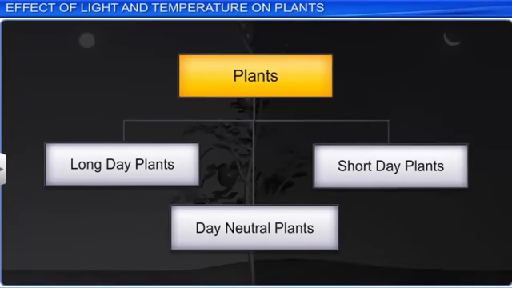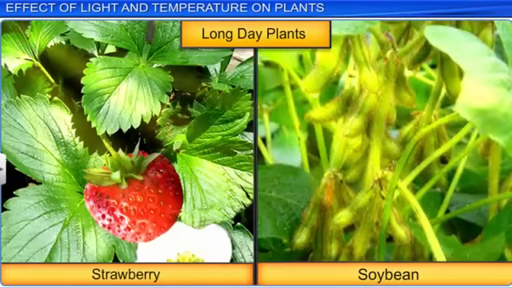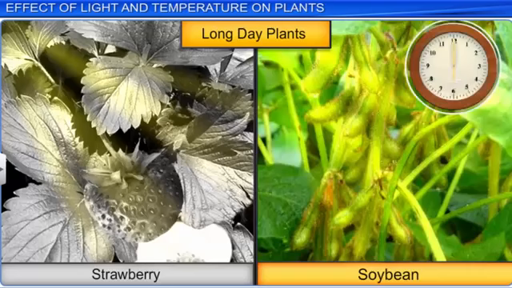Based on their requirement of light, plants are categorized into long day, short day, and day-neutral plants. Long-day plants like strawberry and soya bean need to be exposed to more than 12 hours of light to induce flowering.